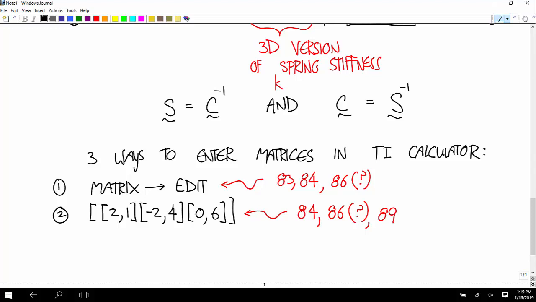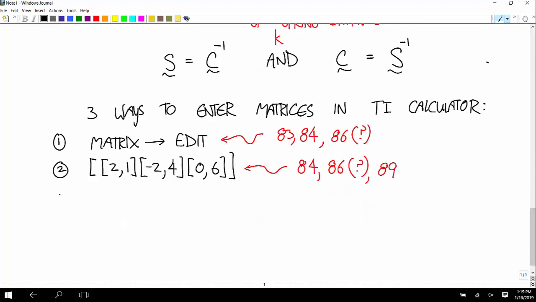And then the last one saves you a few keystrokes. I think it might only be allowable on an 89, and that's square brackets for the outside, and then commas take you across the rows, and semicolons take you to the next row.